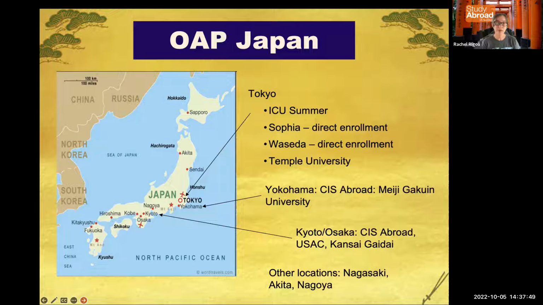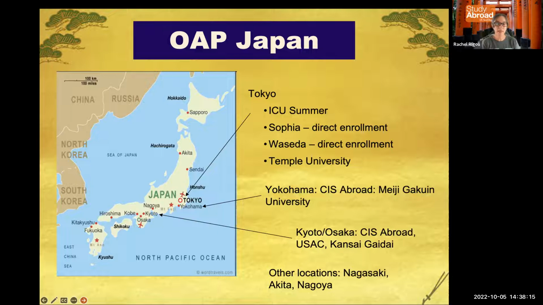In Yokohama, there's a provider that we work with called CIS Abroad, and they have a partnership with Meiji Gakuin University as well. You can basically go directly through CIS Abroad, and you sit in classes with UC students on the UCAP program. Why you might want to do that is maybe you're a non-resident student, so out of state or international, and it might be less expensive for you to do it that way.